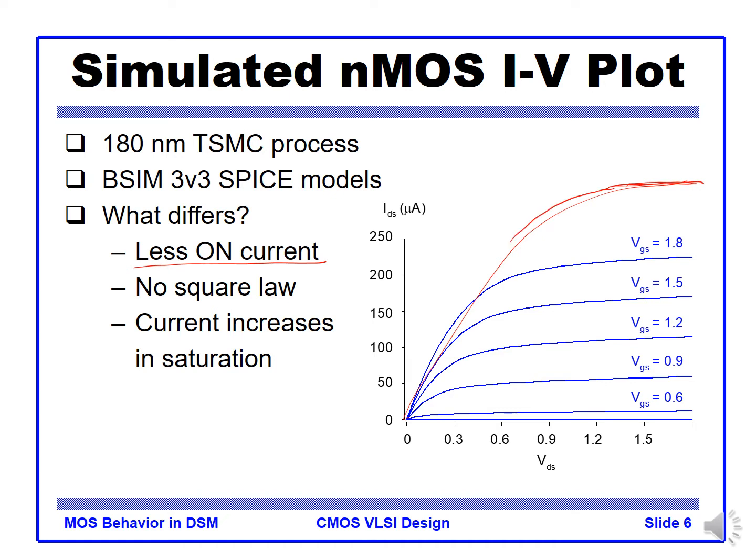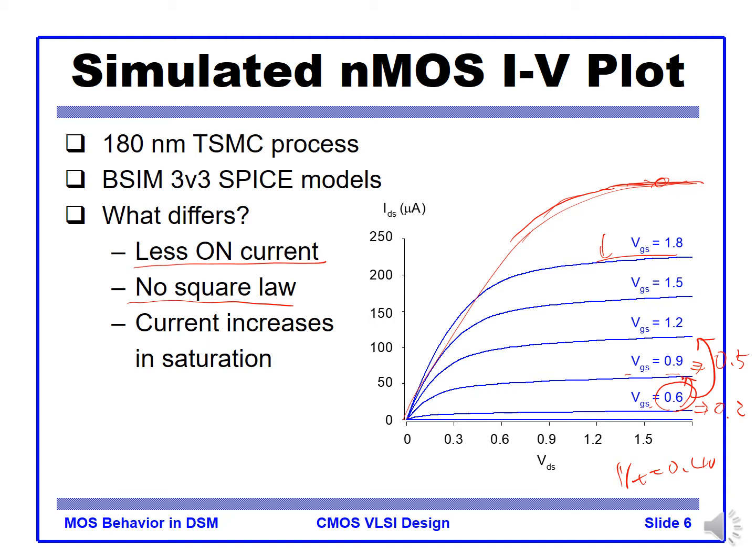Compared to the ideal square law model, the current level is smaller, so less current actually flows, and it also doesn't follow the square law model. If we take VT equal to 0.4 volt, the overdrive voltage in this case is 0.2, and here how much? 0.5. So the overdrive voltage is more than double from here, right? So the current increased a little higher.